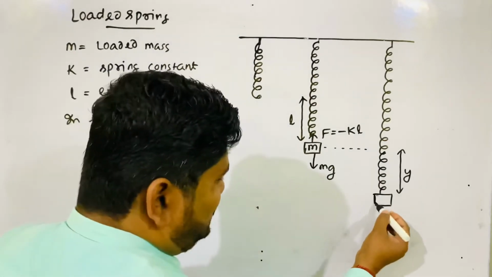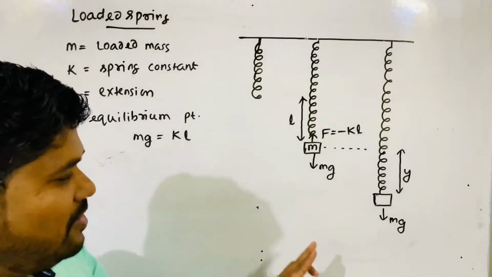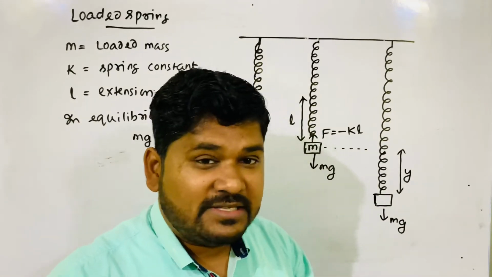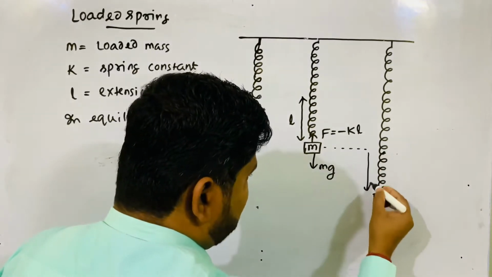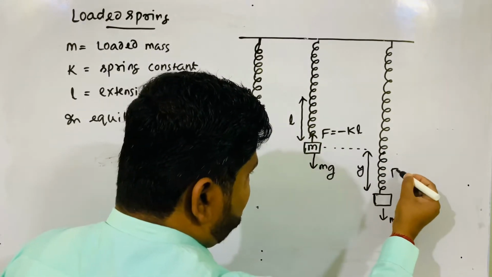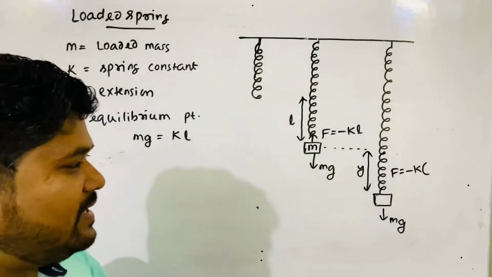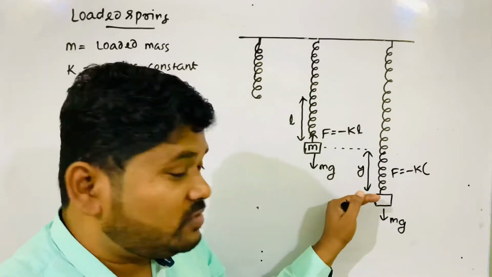So now what happens here? The downward force is mg. But the upward force is how much? Again minus kx. Write the extension on this side as y. So the upward force is minus k into the extension. But in this position, what is the total extension?